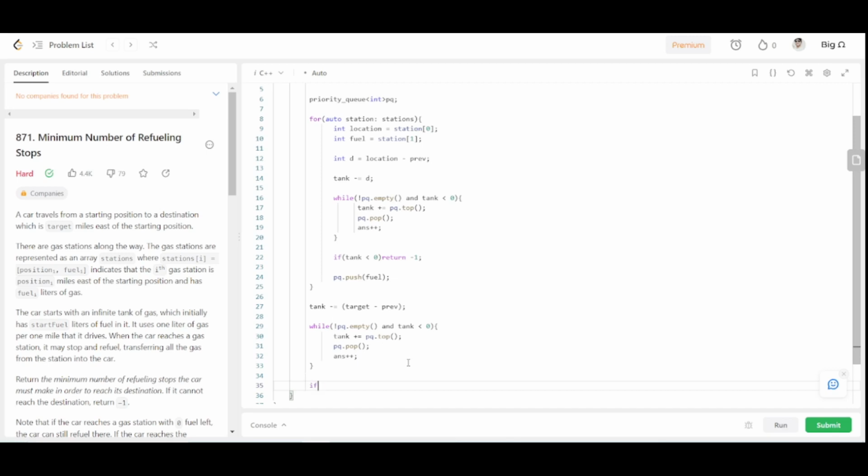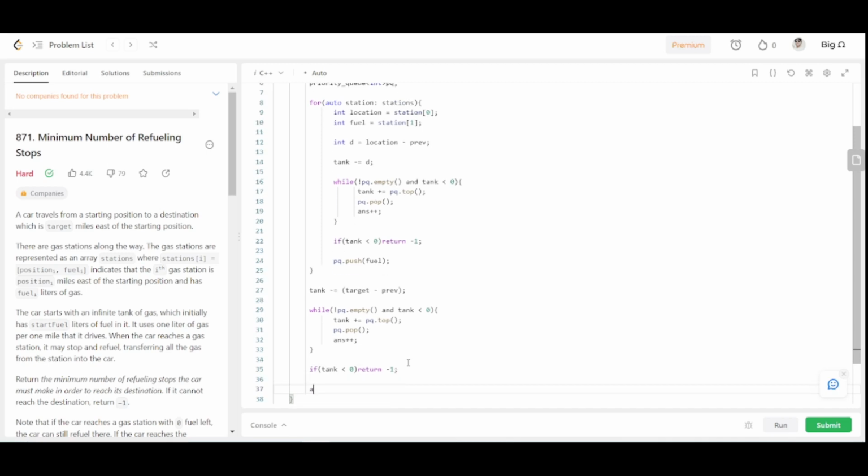After that, check if at the final position, the target, the tank is negative, that means even after consuming fuel from all of the intermediate gas stations I was unable to reach the target. So in this case return -1, otherwise return the answer.